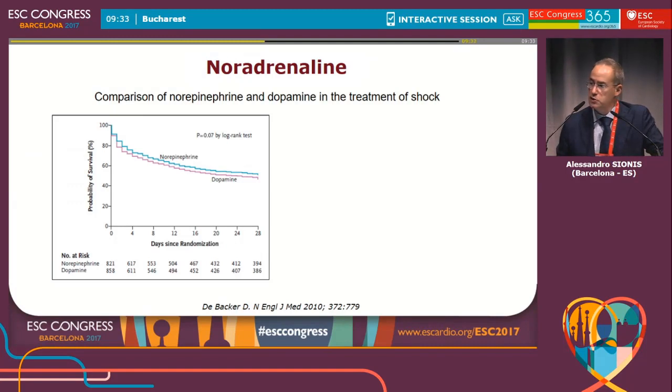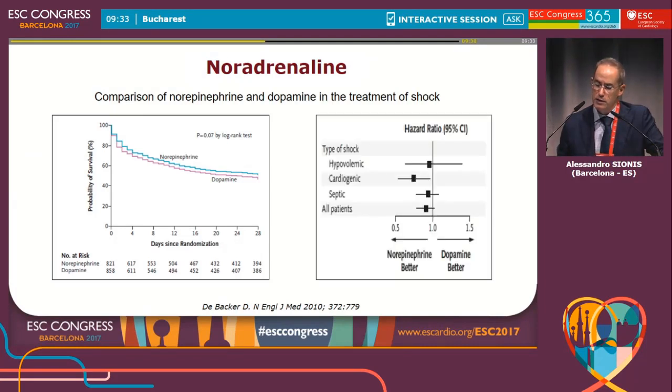What is interesting here is that in the subgroup analysis, they found that patients with cardiogenic shock actually fared better if they were treated with noradrenaline with respect to dopamine. So this is, again, I think a consistent message across the use of vasopressors here. Dopamine, bad. Noradrenaline, I don't know whether it's really good, but it's better.